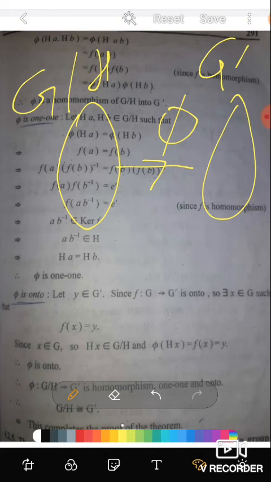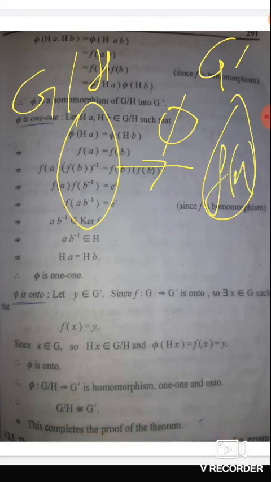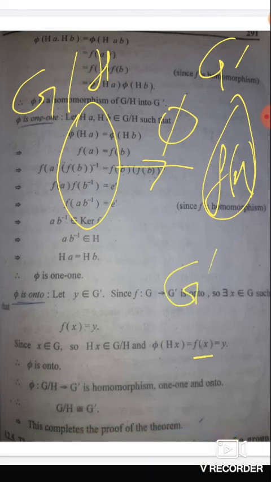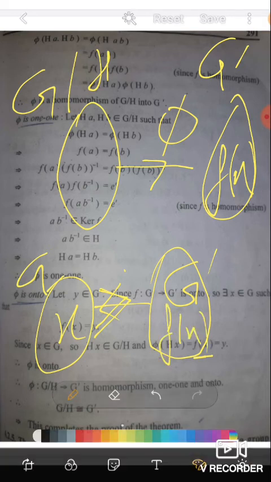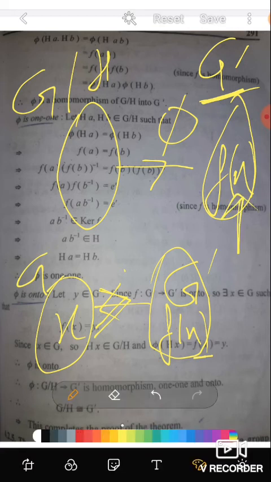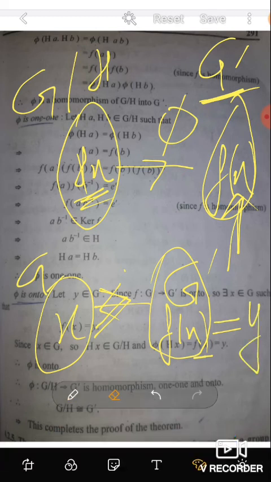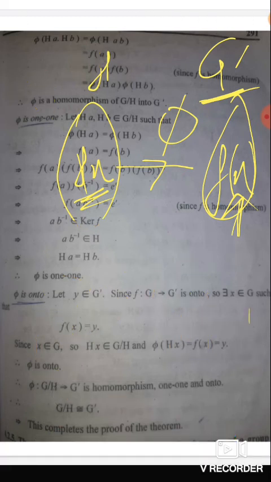Fine. So in G dash we will have elements of this type, because G dash was also the homomorphic image of G. So here the element is of the form f of x. So we can say that the image of this element is f of x, and also f of x is equal to y, as we have discussed earlier.